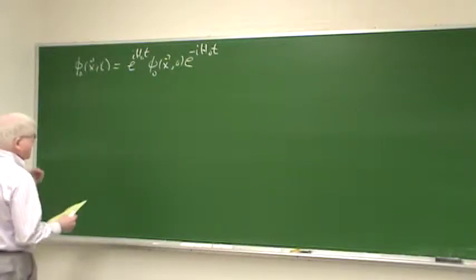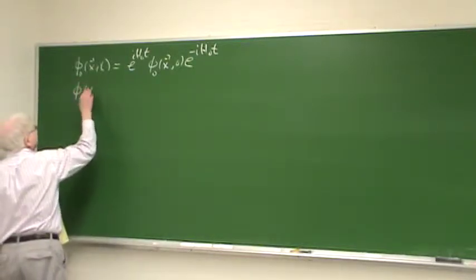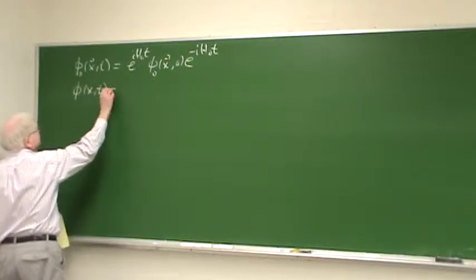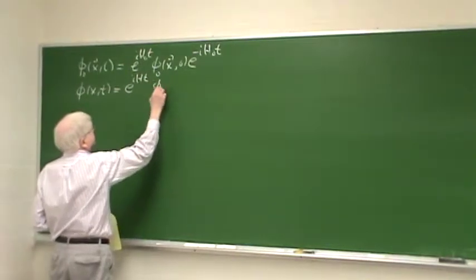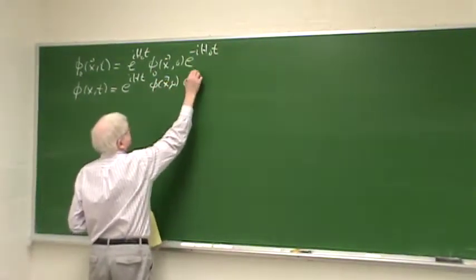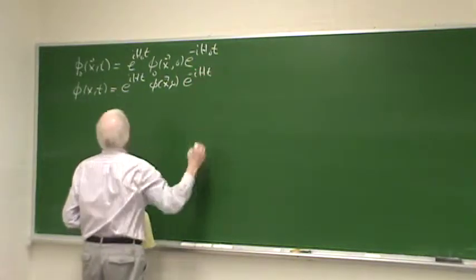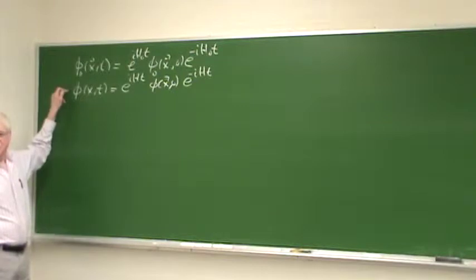On the other hand, the full field, the fully interacting field, evolves in time this way. So these are said to be Heisenberg fields.